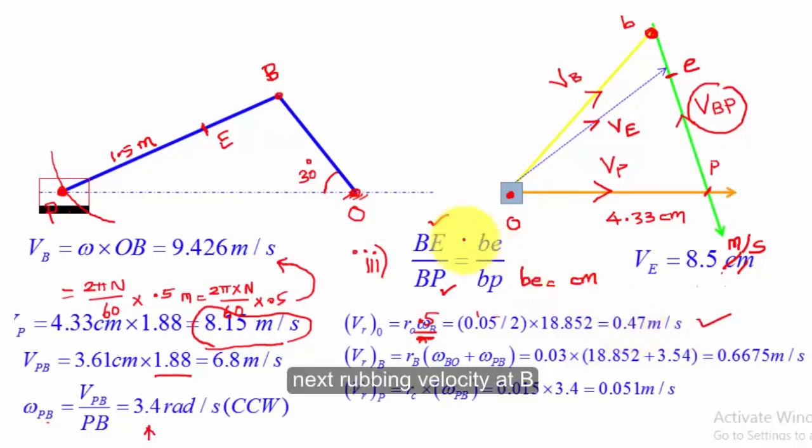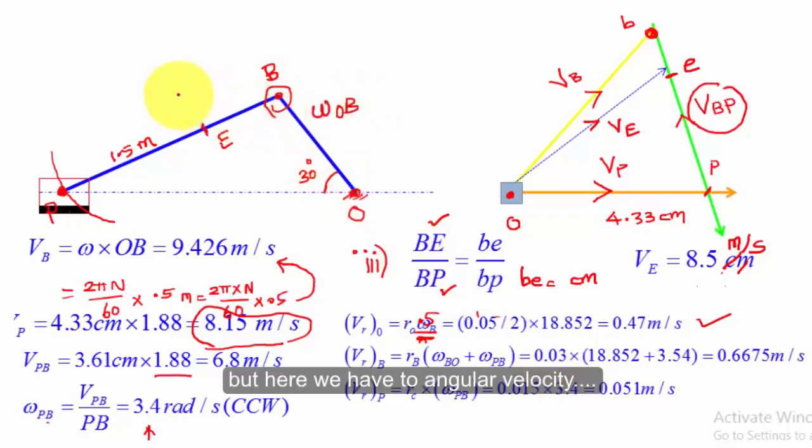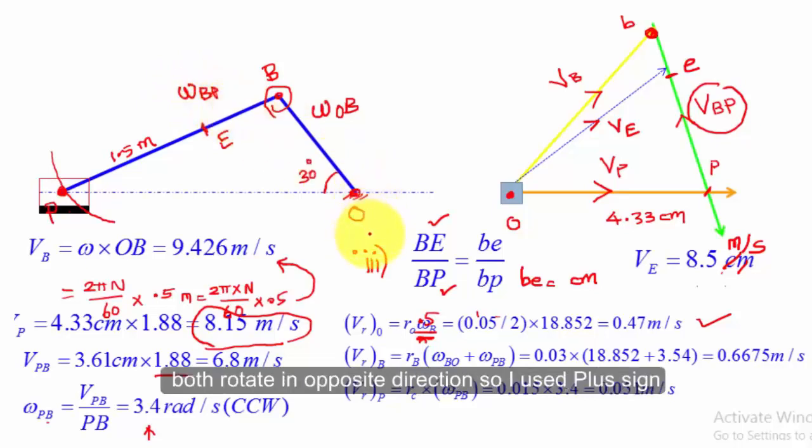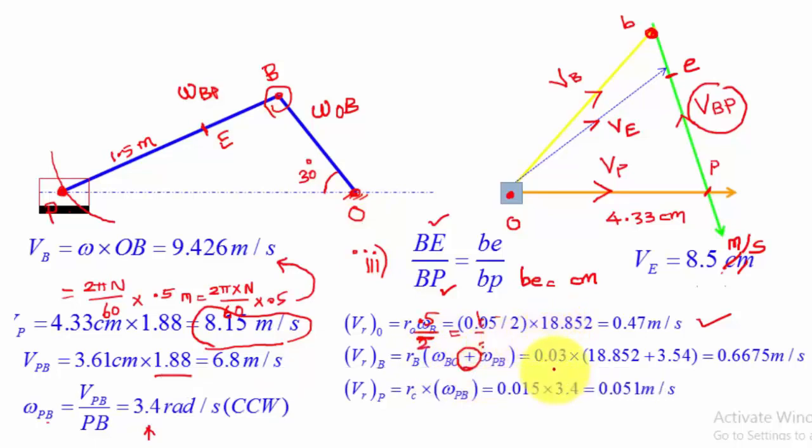Next, rubbing velocity at point B. Here radius 0.03, but here we have two angular velocities, omega OB and omega BB. Both rotate in opposite directions, so I use the plus sign. So 0.03 into 18.852 angular velocity of OB, plus 3.54 is the angular velocity omega BB.